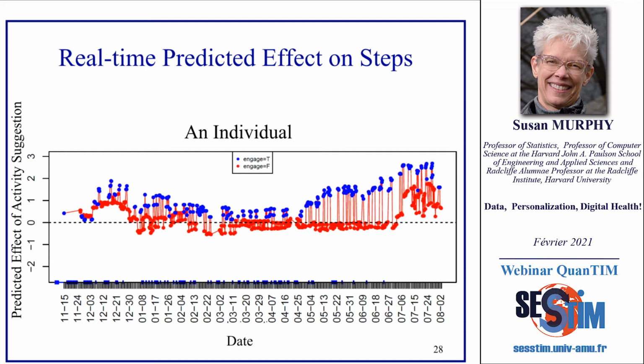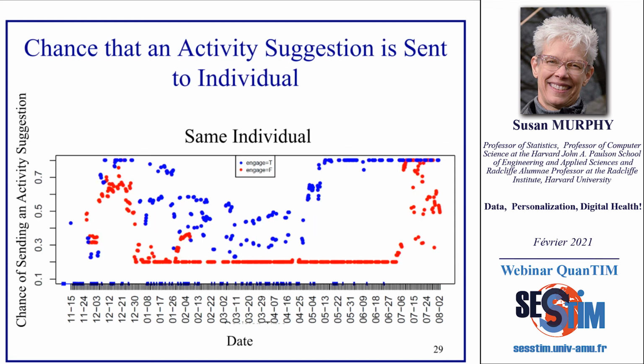So what does this mean in terms of personalization? What this means is that the probabilities of getting a suggestion also vary according to that prediction. The blue is the probability of being delivered a suggestion if this particular individual was currently engaged, and the red is if the individual was currently less engaged.